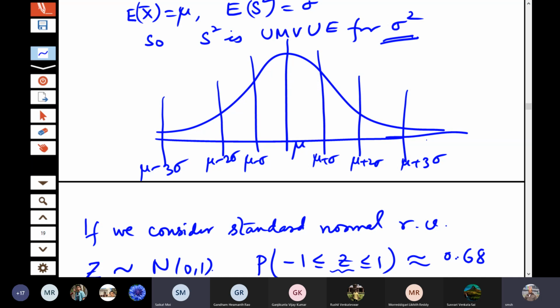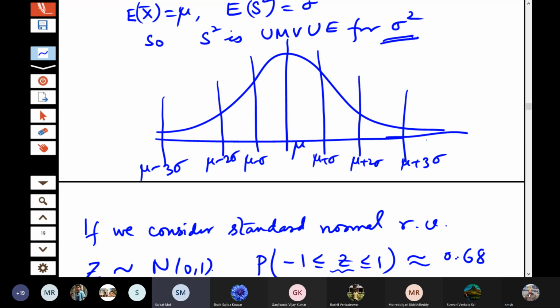What would we like to do? So within one standard deviation of mu, most of the distribution is contained. No, that is all right, what you said is fine. But what we would like to do now? I mean, what is the problem? From the inference point of view, what is important now?